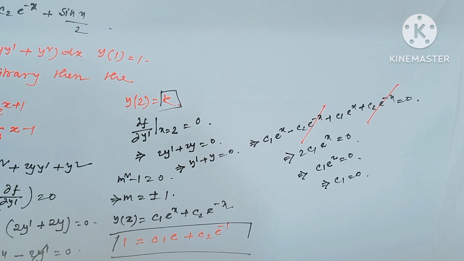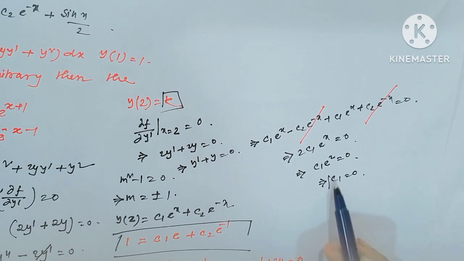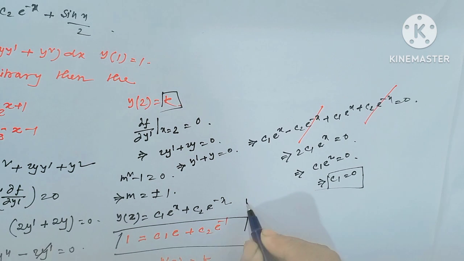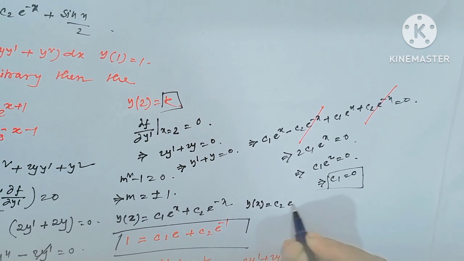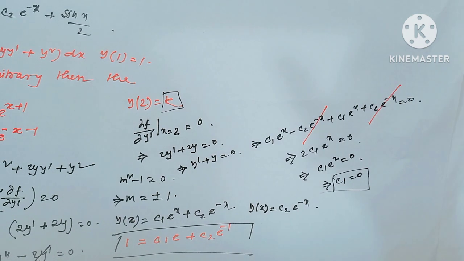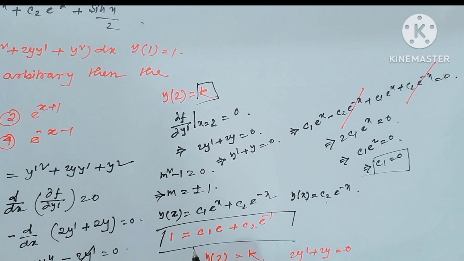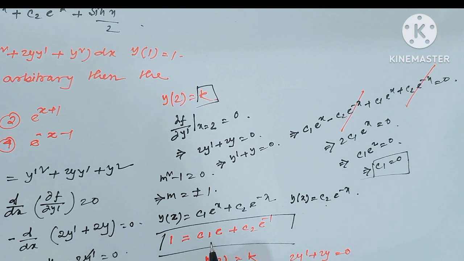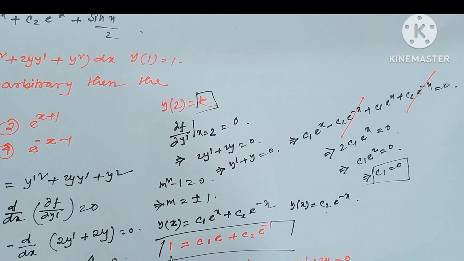So since I have got c1 = 0, the solution would be y(x) = c2 e^(-x). Now we have to find the value of c2. Here I have c1 e + c2 e^(-1) = 1.